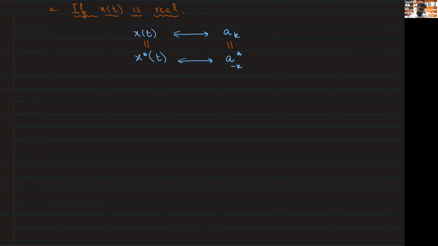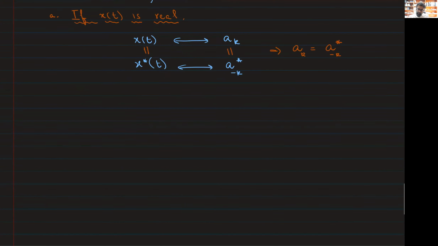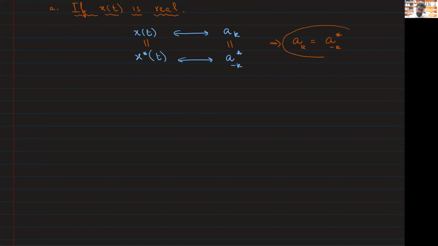So these coefficients must be the same as well. Therefore, as I think Hassan pointed out in the chat box, this implies that ak must be equal to a minus k conjugate, right?